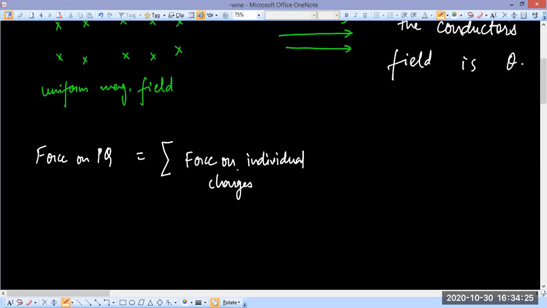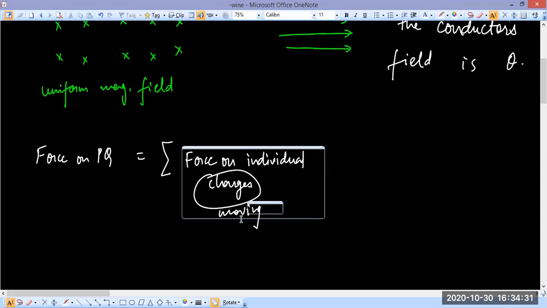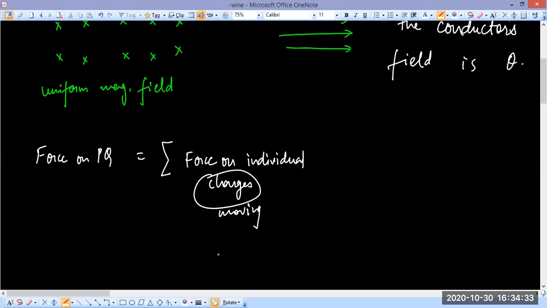Correct? કારણ કે current flow થાય છે, so charges are moving. So when there are moving charges in a magnetic field, they will have a force acting on them. So each force ultimately PQ ઉપર લાગશે. Okay, this idea is clear, everyone? Is idea okay for you?